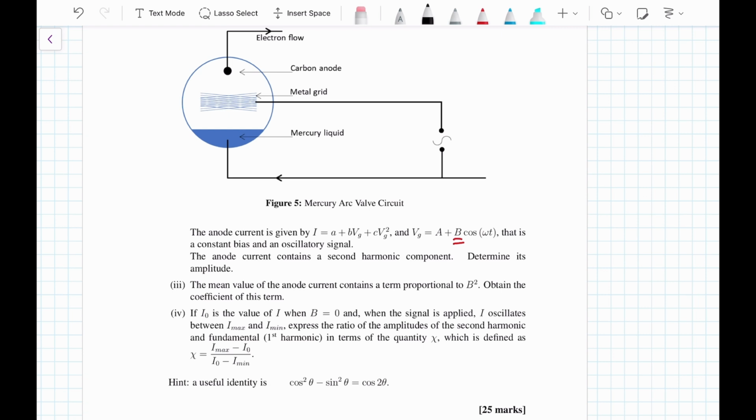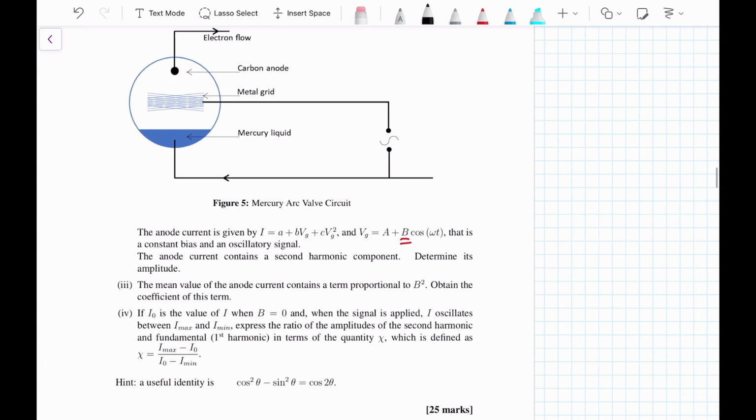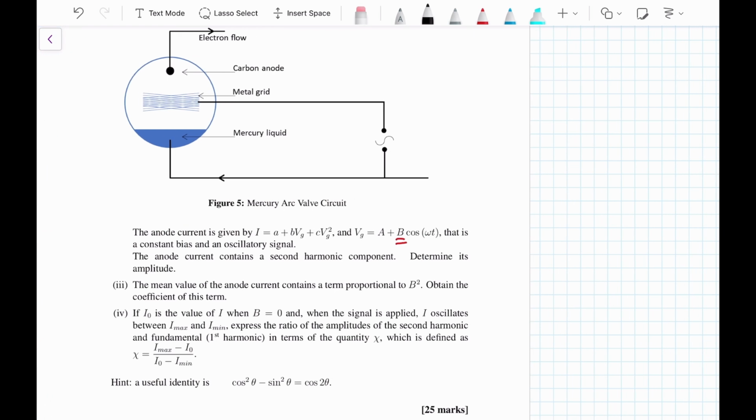B Vg plus C Vg squared. Okay, so it seems that the I is oscillatory, but not necessarily using a trigonometric function, which should be rather common. And then over here it says Vg is equal to A plus B cosine of omega t. That is a constant bias and an oscillatory signal.